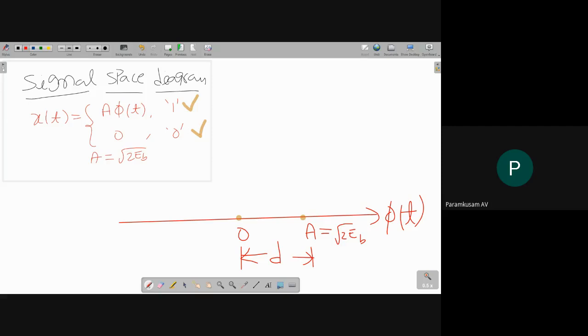So this is about amplitude shift keying signal. Next, you note down the frequency spectrum of ASK signal.